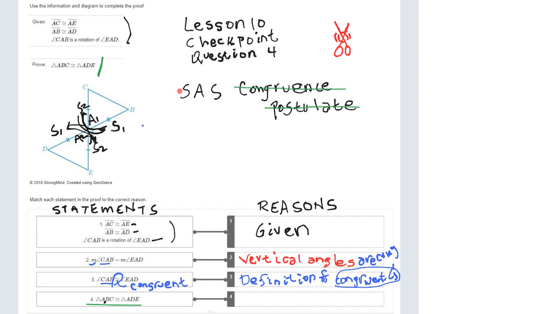This is what is important: side angle side, side angle side. As I show you more proofs as we go through the course, you'll see how just looking at this, you would know that we're going to end up with side angle side, even if you didn't have the choices to choose from. Side angle side, and then you have the congruence and postulate.